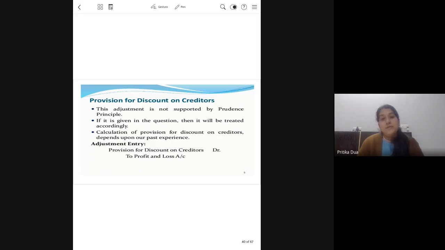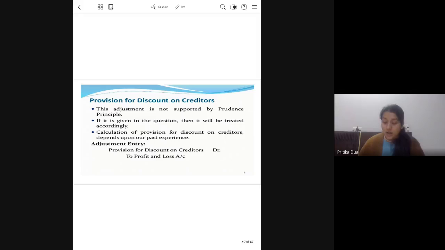So creditors might also give us an option that if we make the entire cash payment, say they will again give us a discount of 1% on the settlement of the amount due. So this is a gain for the business. If a creditor is giving you some discount on the payment, so it is a gain for the business.